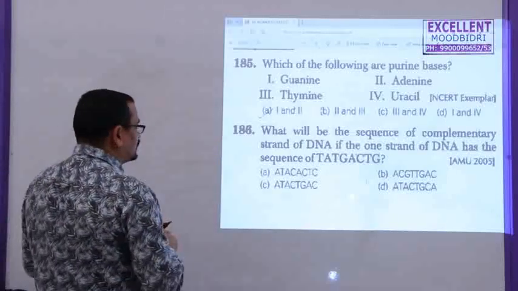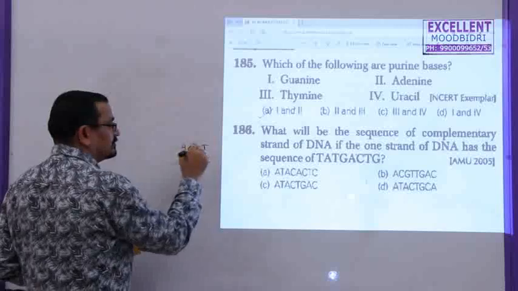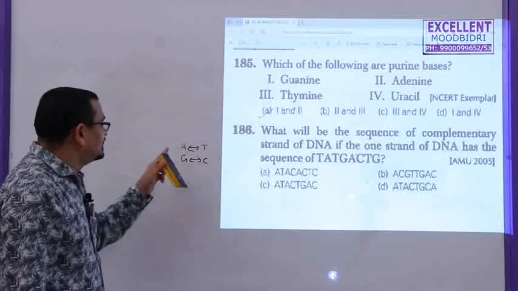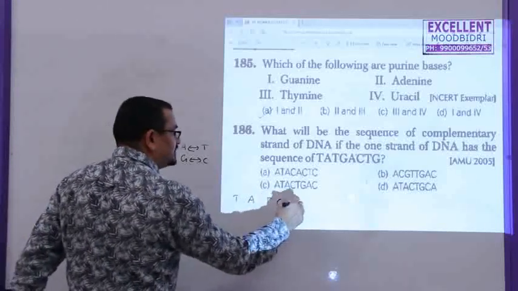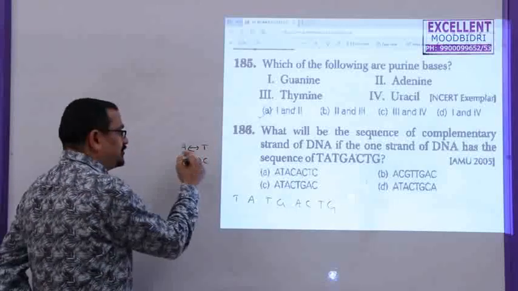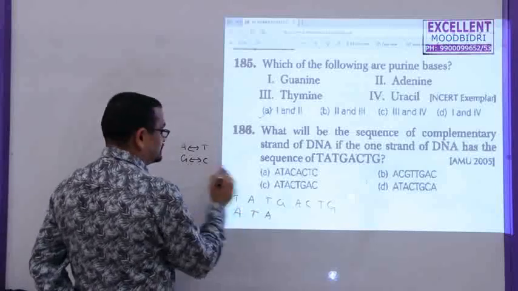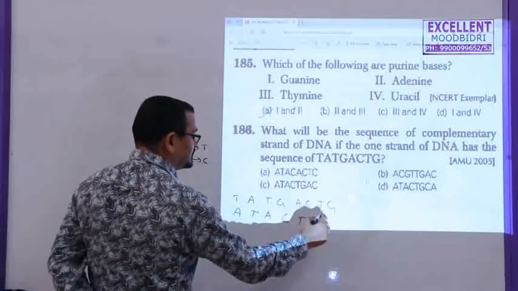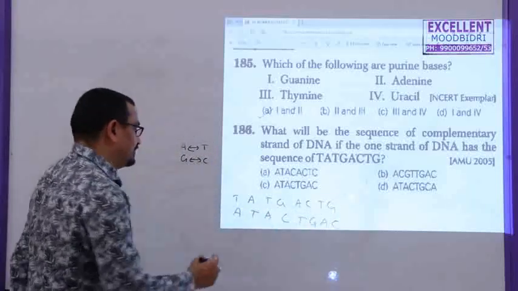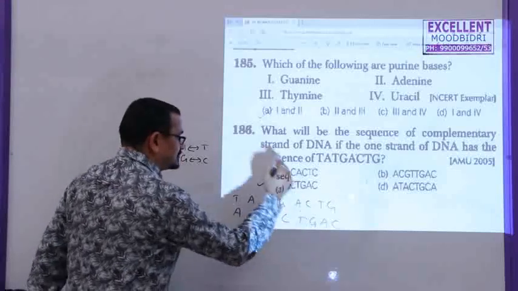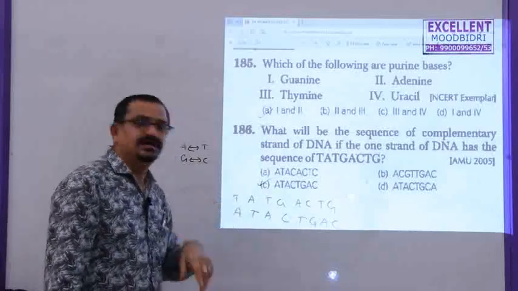The complementary strand in DNA pairs A with T and G with C. So for TATGACTG, substitute each base with its complement: T with A, A with T, T with A, G with C, A with T, C with G, T with A, G with C. So we get ATACTGAC. So the sequence of the complementary strand of DNA for the given sequence is option 3.